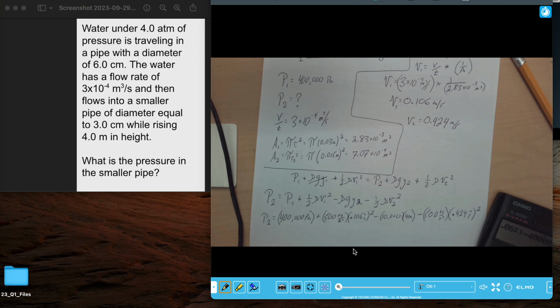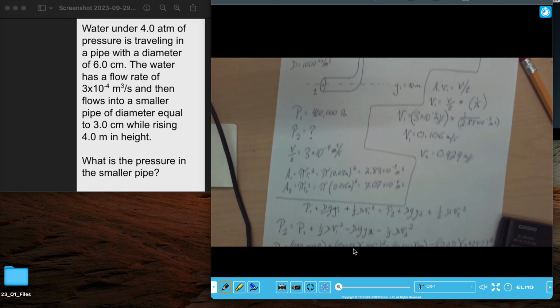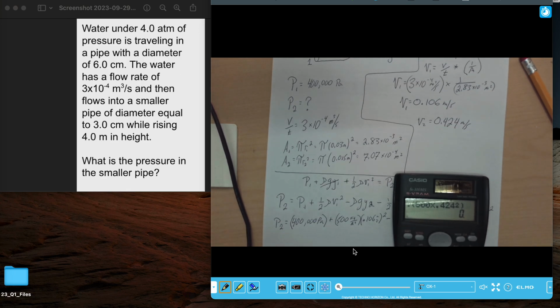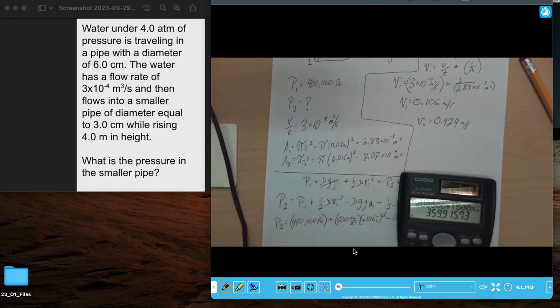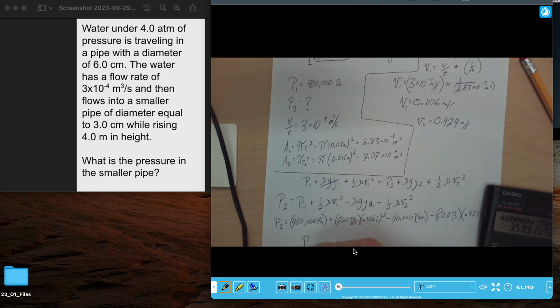Minus the quantity of 500 times 0.424 squared. And this needs to be less than 400,000 for reasons I mentioned a minute ago. And when I hit it, I get 359,916. P2 is 359,916 pascals. Lower indeed for 2 reasons.